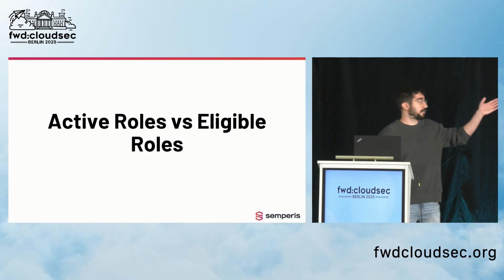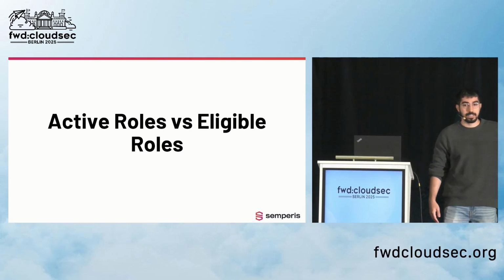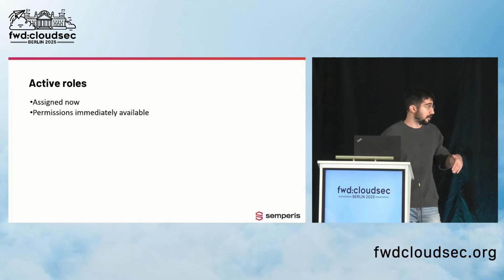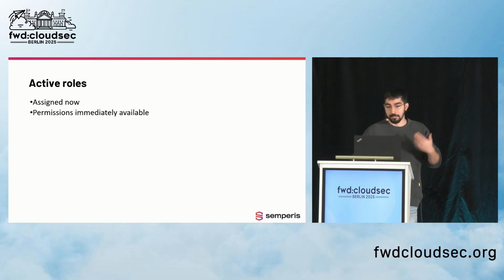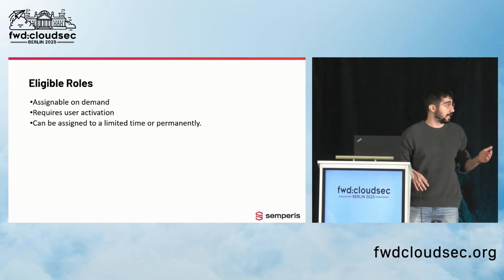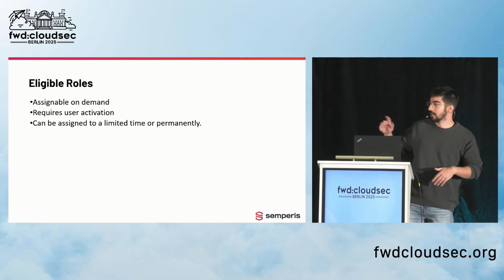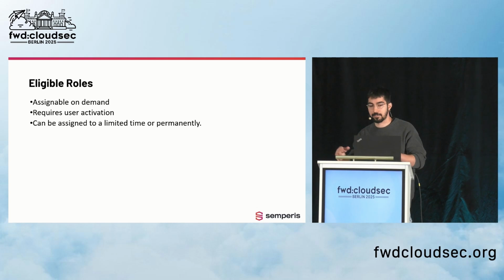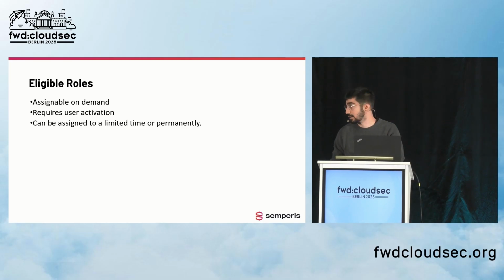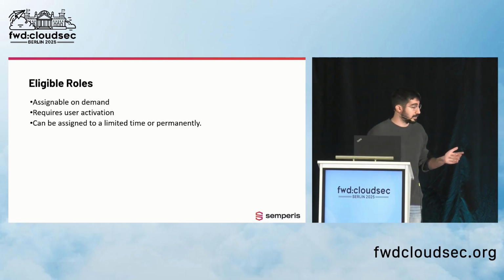There's this thing called active roles and eligible roles in Entra ID. Active roles are assigned now, and the permissions are immediately available. Eligible roles are assignable on demand, and they require user activation. It can be several types of activation, depending on how you configure it in PIM per role. It can be MFA, it can be just a justification, it can be many other things.